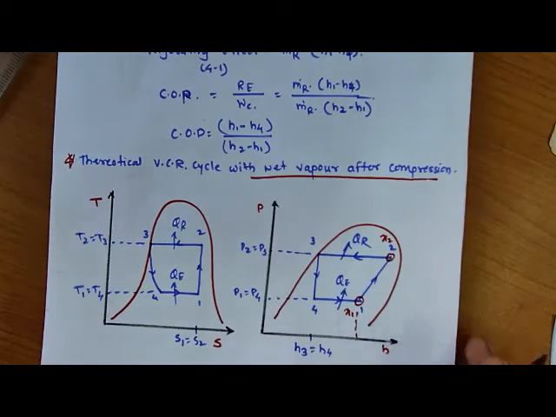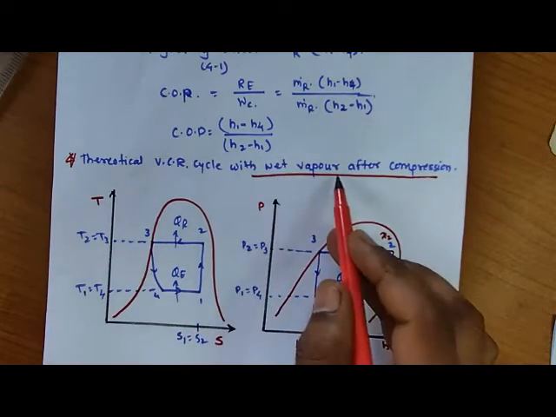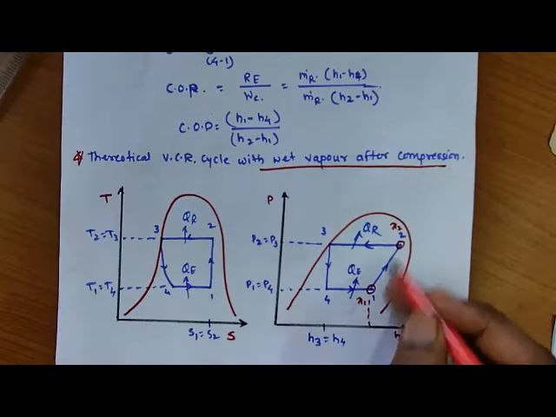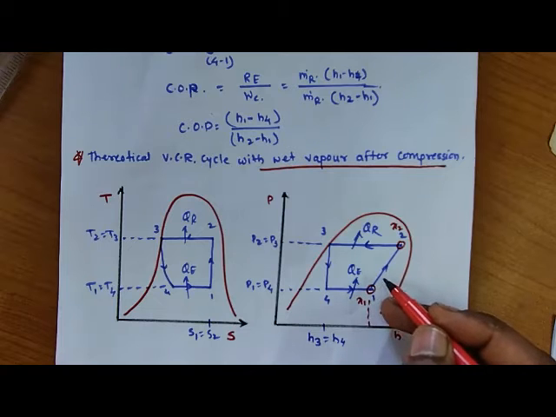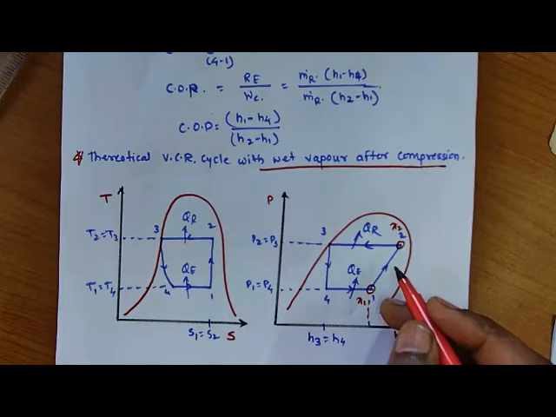Now in actual practice, the theoretical VCR cycle with wet vapor after compression is not in use, because at point number 1, if we are supplying liquid refrigerant to the compressor, then there is a possibility of corrosion of the compressor parts.